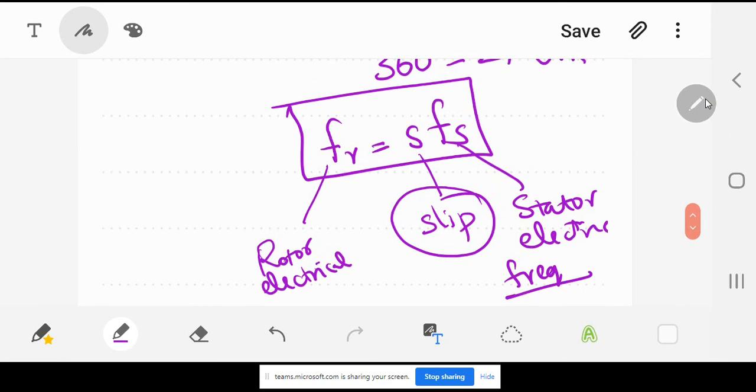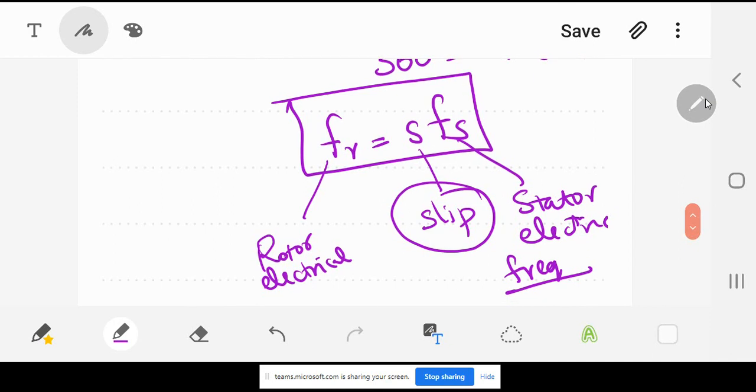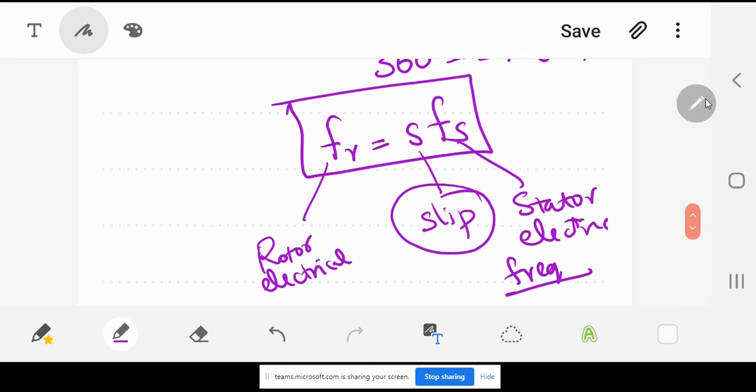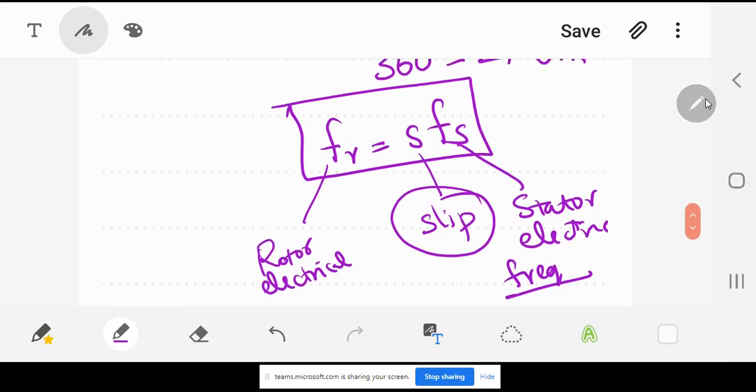That current carrying conductor is placed inside a magnetic field, the same magnetic field we have talked about before, the stator revolving magnetic field, and they produce a force according to Fleming's left hand rule. And because of that, you are going to have a motion.